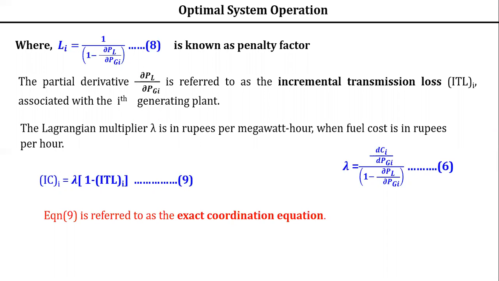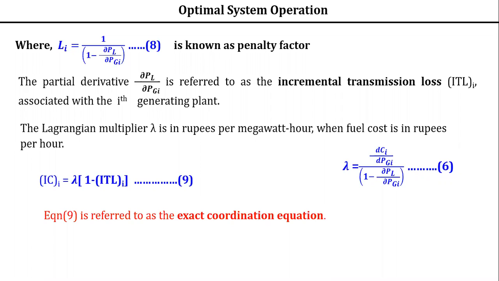When you don't consider transmission losses, the incremental fuel cost of all the plants is equal. But here the equation is different. The incremental fuel cost multiplied by a penalty factor will be the same for all plants in this case. This is what we have to derive. Till this point we studied yesterday.